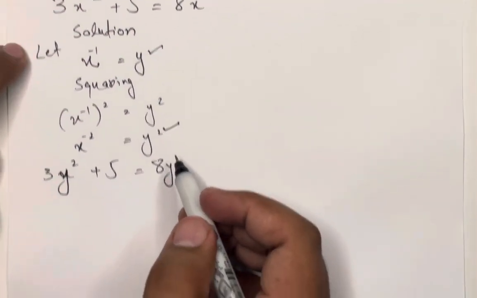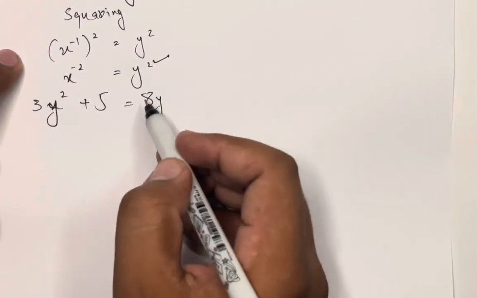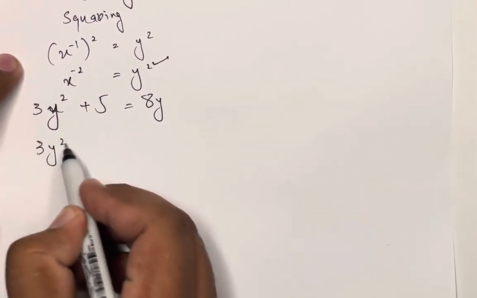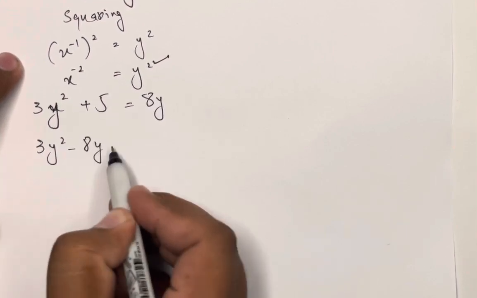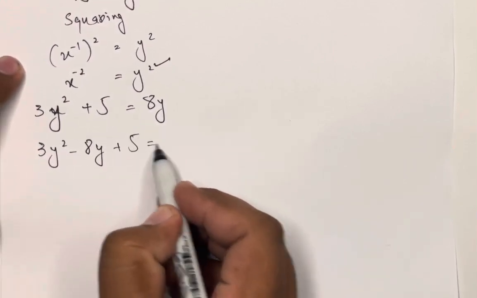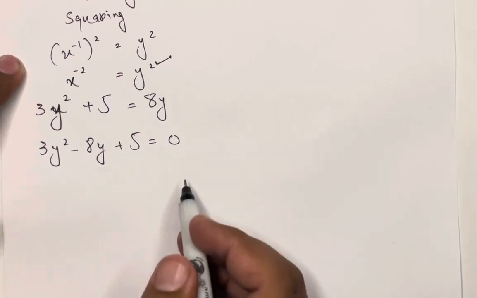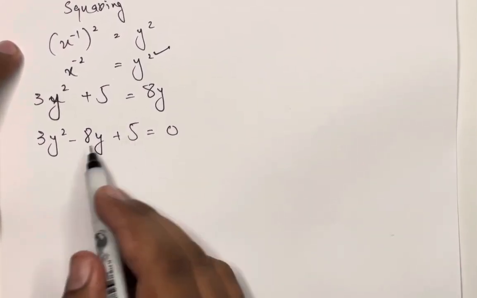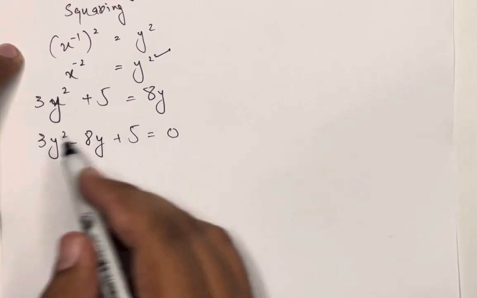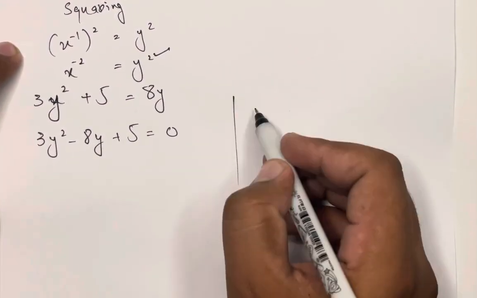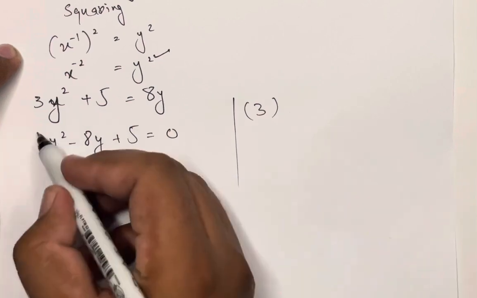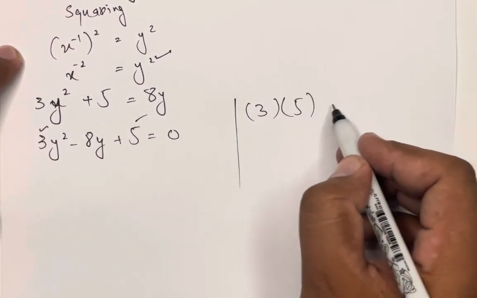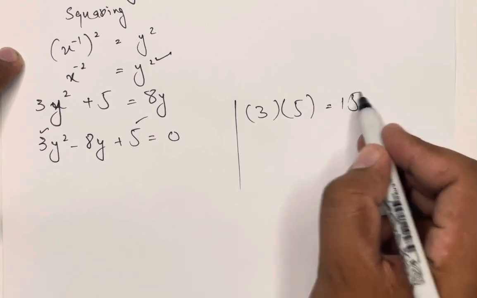Now I am shifting this term to the other side, so it becomes 3y^2 - 8y + 5 = 0. Now I am writing it into factor form by splitting the middle term. Multiply 3 and 5, which is 15.